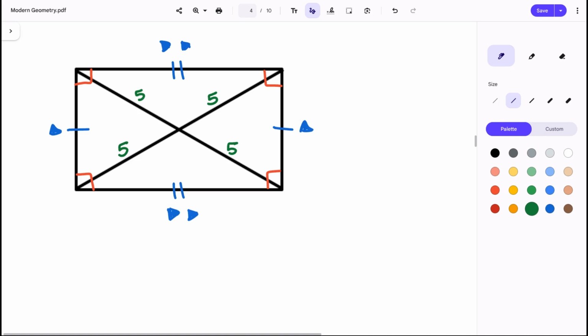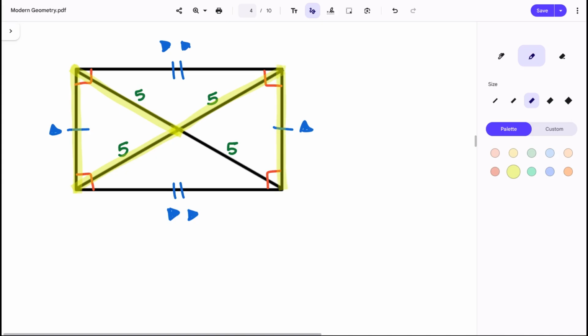Now I want to take this just one step further, guys, because this will come in handy when you do your homework today. I'm going to highlight some stuff. What do you guys think is true about this triangle and this triangle that I'm highlighting in yellow? They're the same. Okay. What about, let me do orange, this color, this triangle and this one?